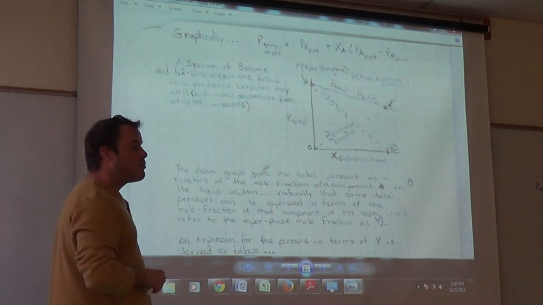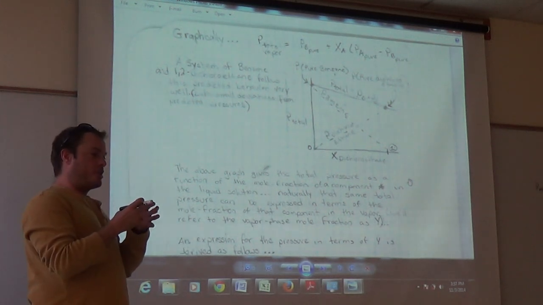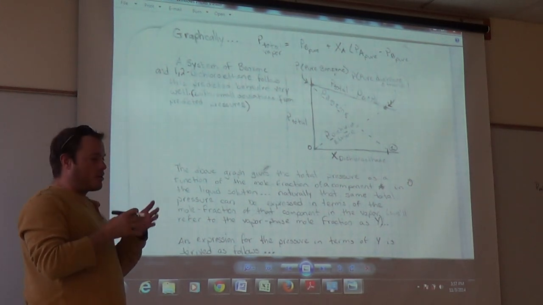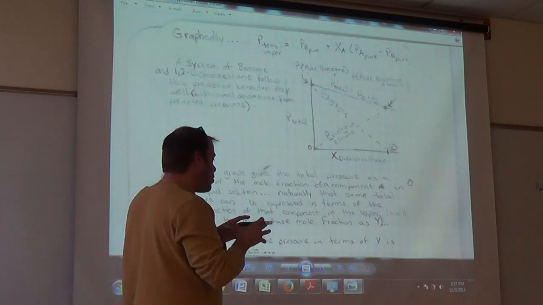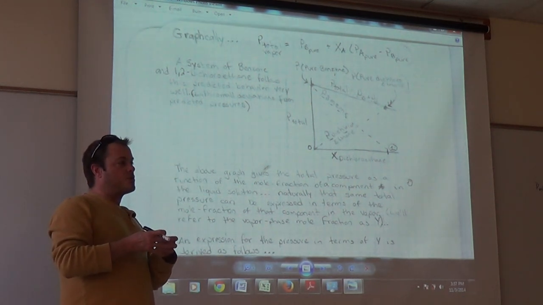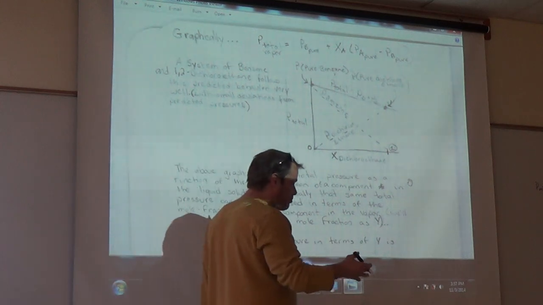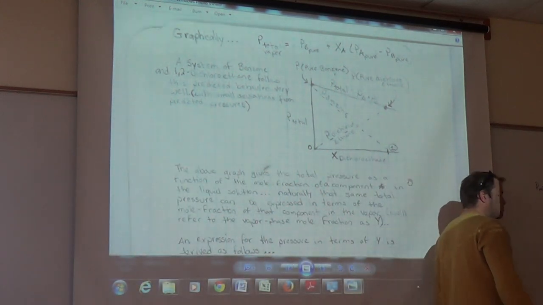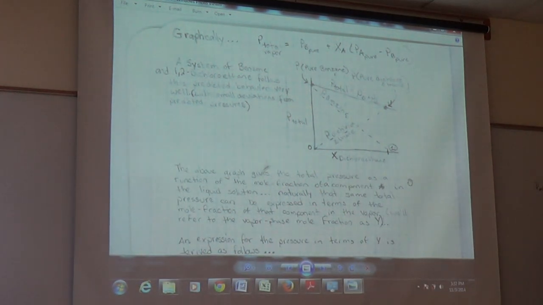The reason for that is that we're dealing with 1,2-dichloroethane, so overall it's not a very polar molecule mixed in with benzene. So we've got two non-polar molecules that interact mostly through dispersion forces, and so we can approximate that the magnitudes of these interactions are equal. We've got that ideal system.